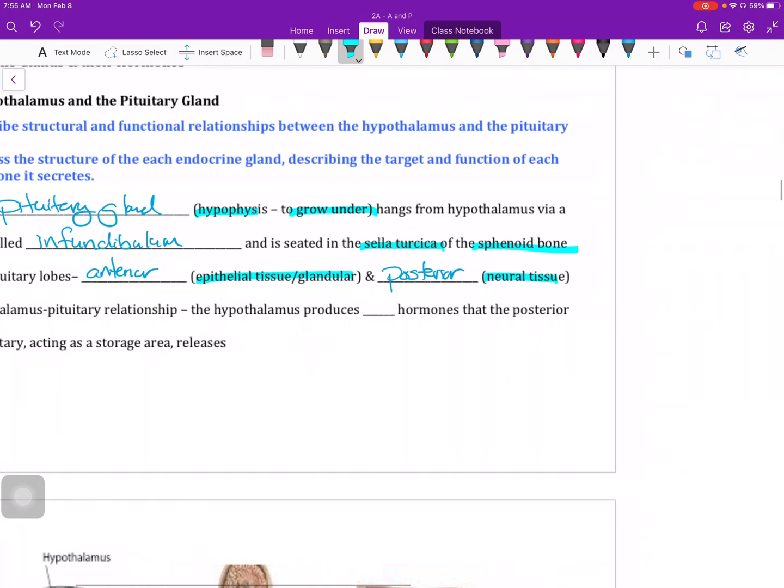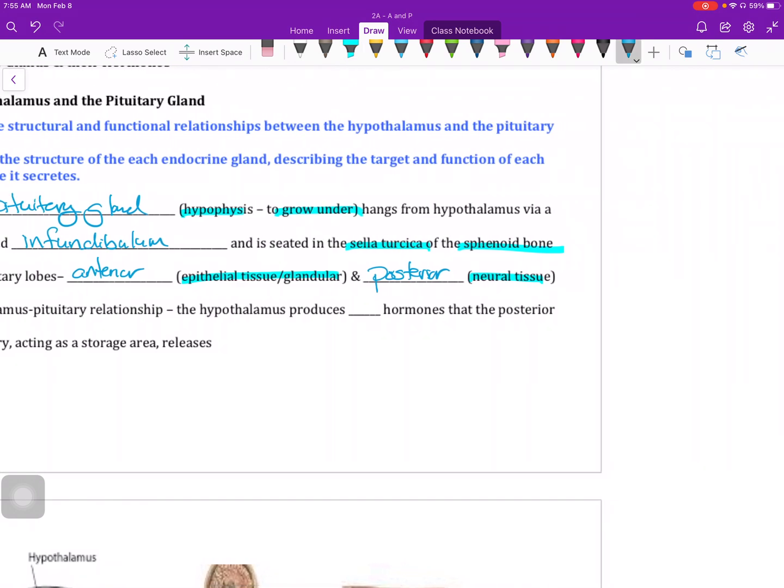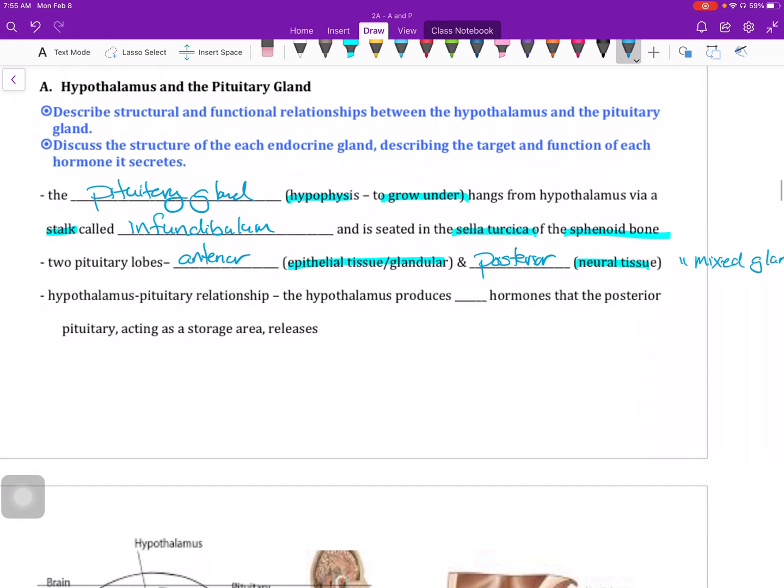Guys, this is what is referred to as a mixed gland, either by difference in tissue, difference in how they secrete, or difference in the types of hormones, such as being antagonistic to one another. But this is one of the mixed glands. It is part glandular epithelial tissue and part neural tissue. All right, the relationship between the two.